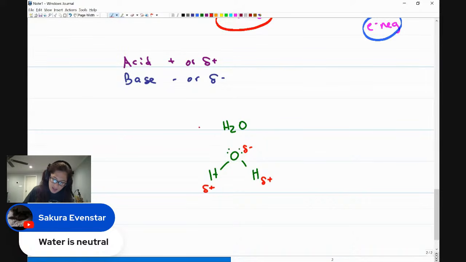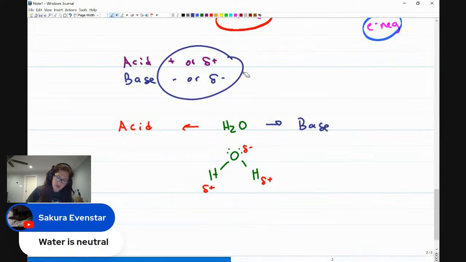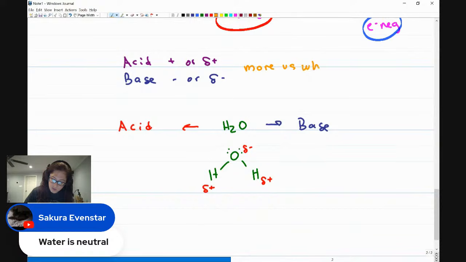Let's take a look at how it can be an acid and how it can also be a base. To do that, we first have to go back to the definition. It's not positive or partially positive, but rather it's more versus whatever you compare it to.